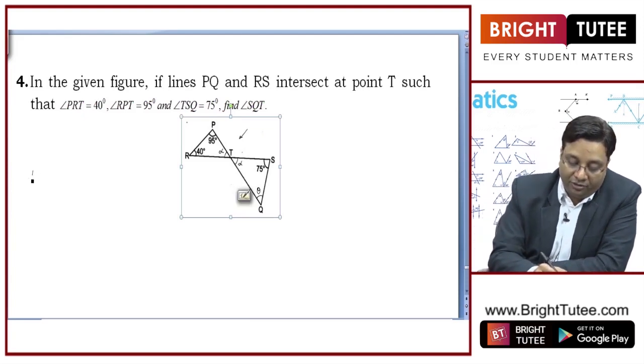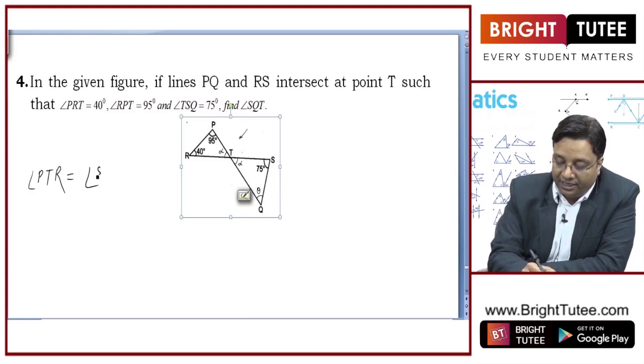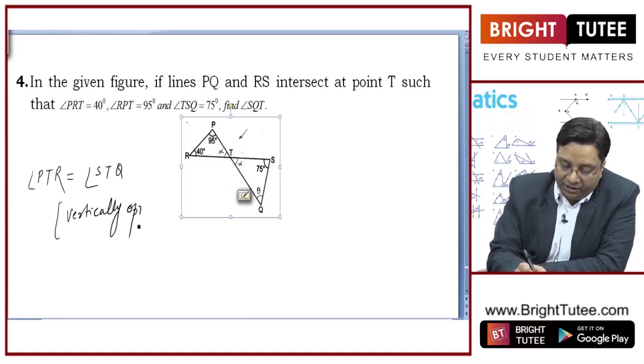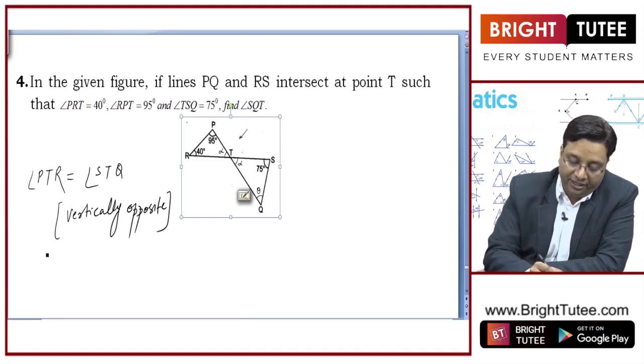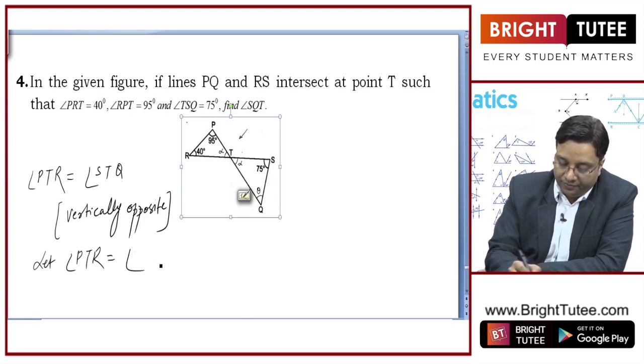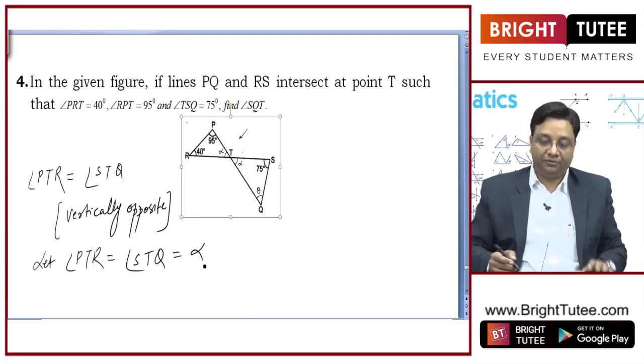So the first statement I am going to make here is that angle PTR is equal to angle STQ. Why? Vertically opposite angles. Angle PTR equal to STQ, so let it be equal to alpha. Okay, so I start my question with this.